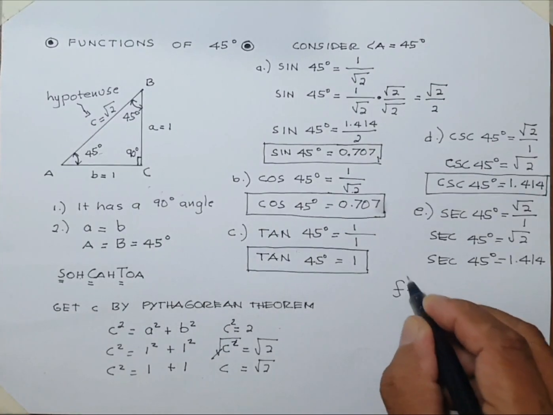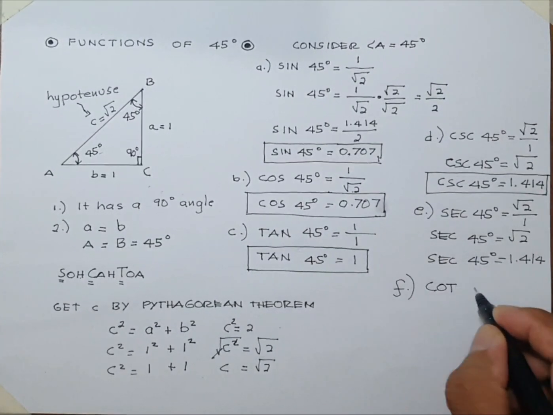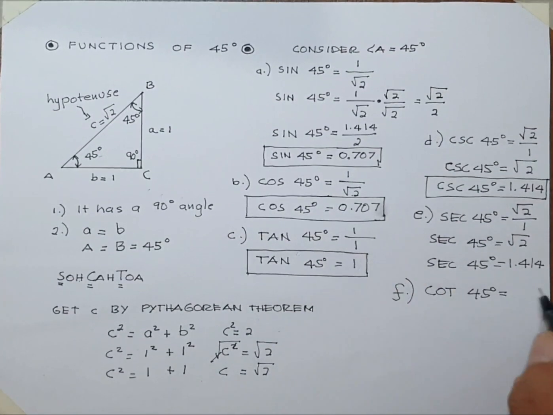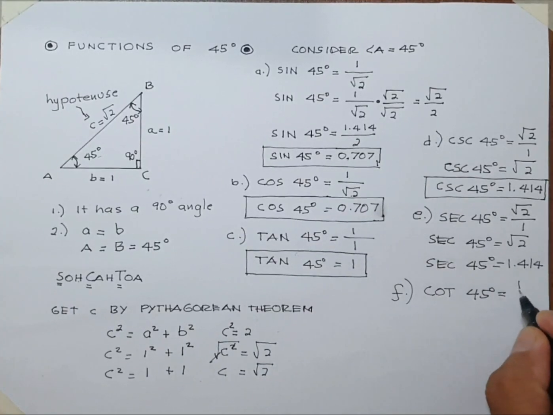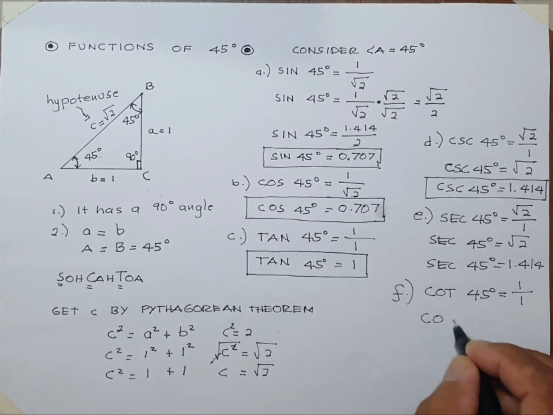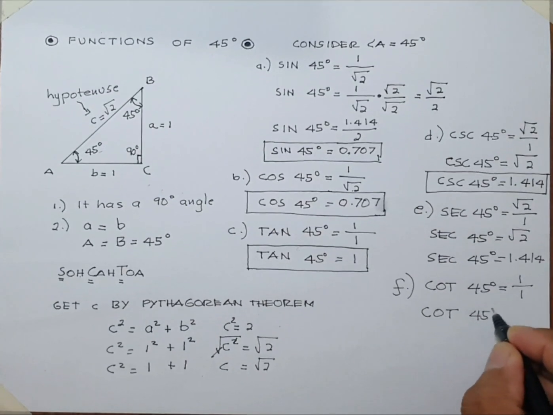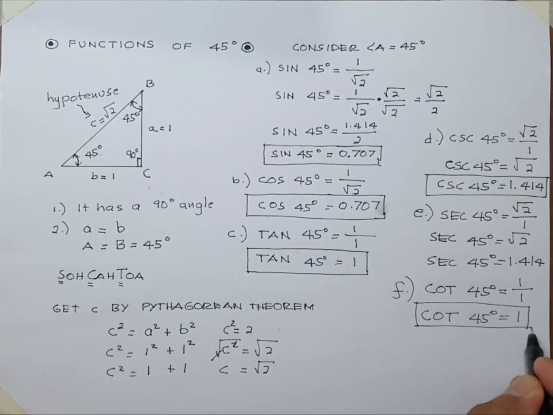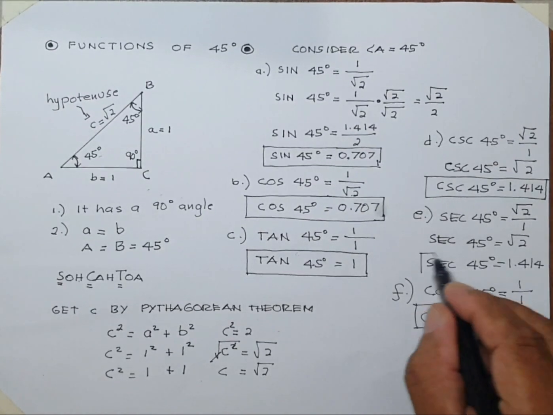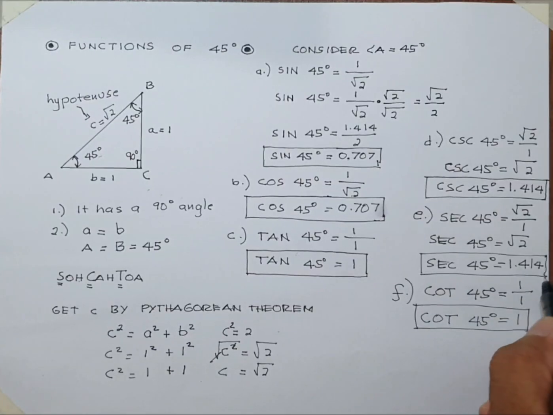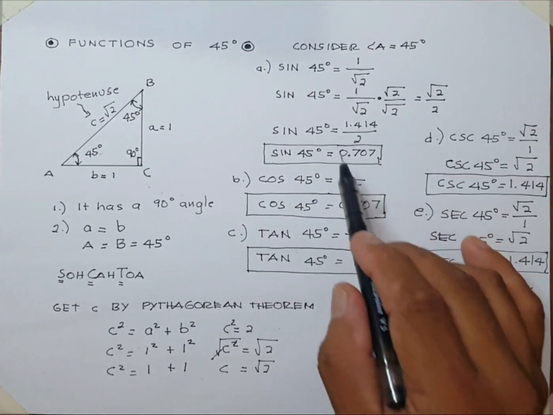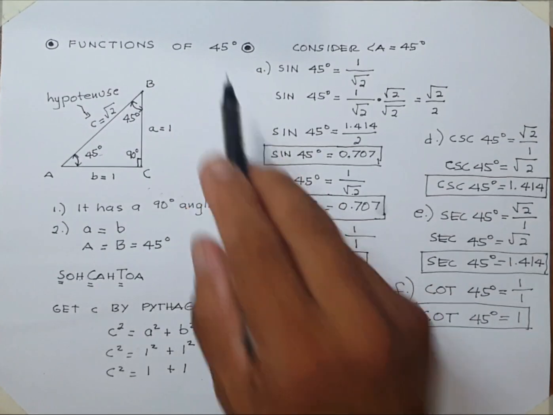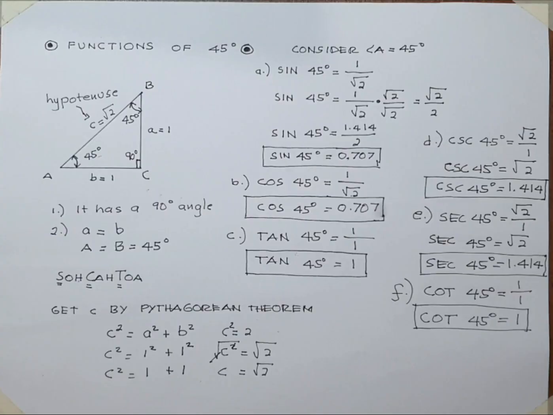And lastly, the cotangent of 45 degrees is equal to the inverse of tangent. So we invert that, we have the same 1 over 1, and that is equal to 1. Okay, so this is the fifth. This is the sixth. So these are the trigonometric functions of the special angle 45 degrees.